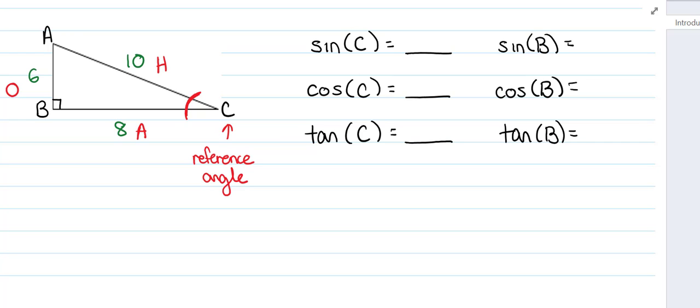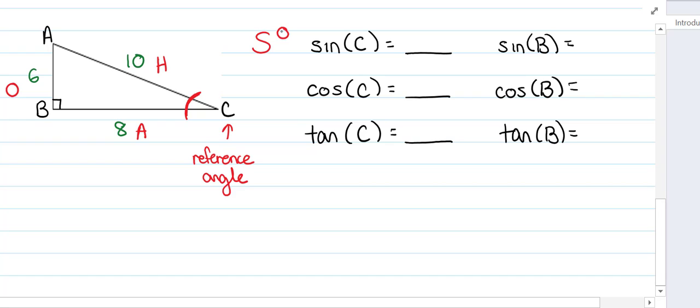So once we know which sides are which, we can very easily fill out these blanks using our acronym SOHCAHTOA. Because sine is the ratio of the opposite side to the hypotenuse. Well, if the opposite side is 6 and the hypotenuse is 10, there is my ratio. We do always want to make sure we simplify. I can divide both the numerator and the denominator by 2 to get 3/5 for my sine of angle C. Cosine, ca, is the relationship between the adjacent side and the hypotenuse. 8 is my adjacent side, 10 is still my hypotenuse.